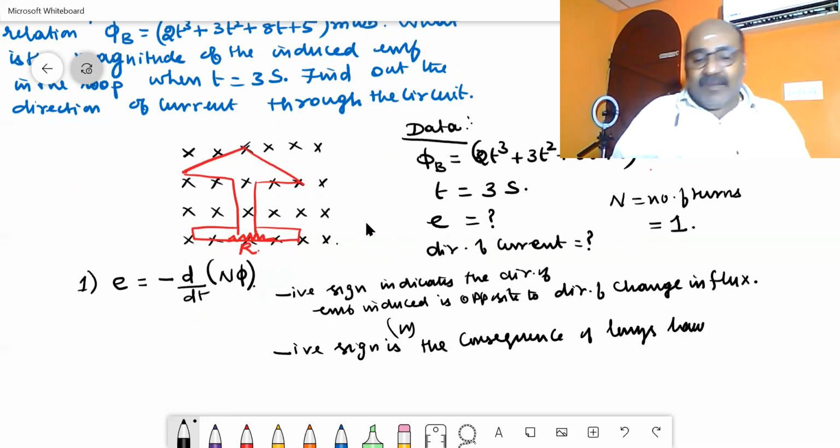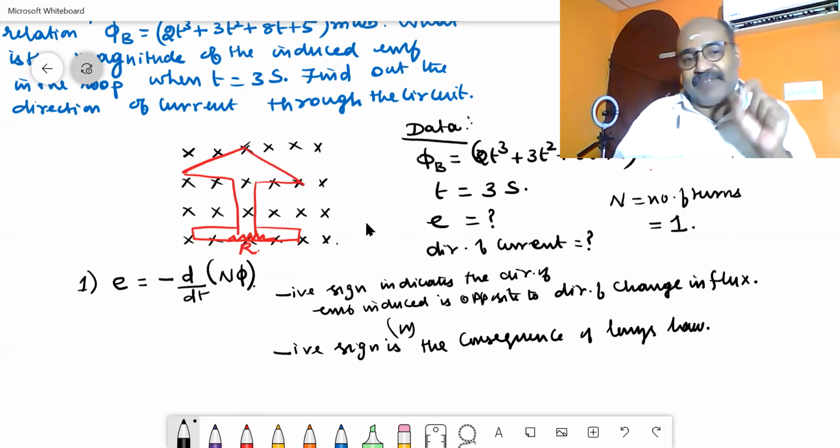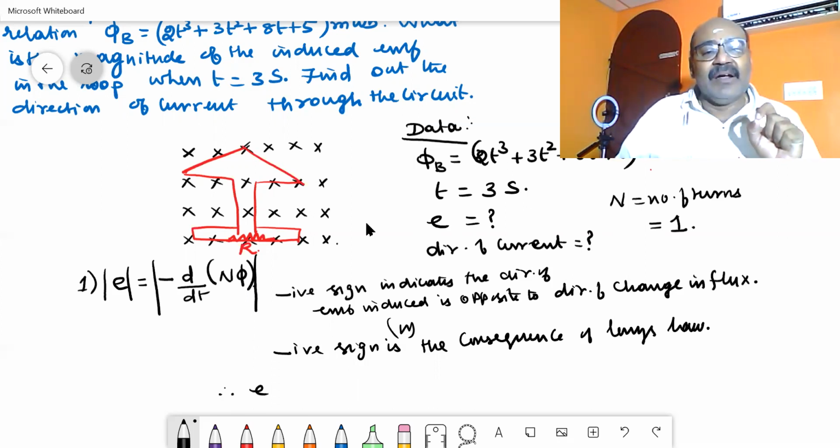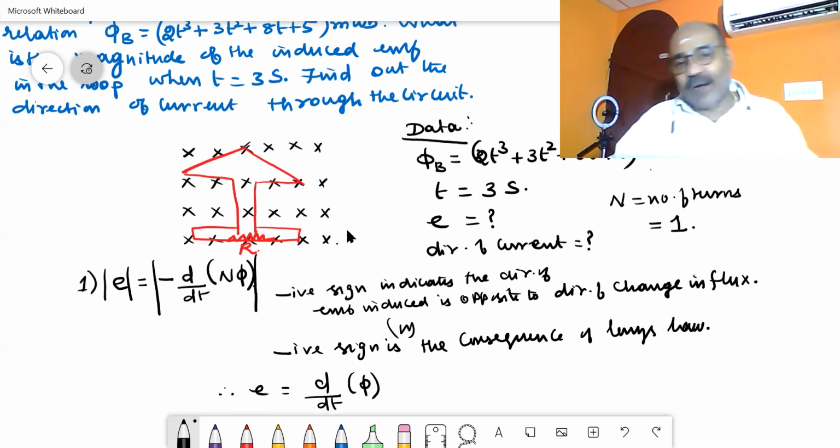But what is asked is the magnitude of the EMF induced. So for the magnitude, E equal to d by dt of phi, since n is equal to 1.